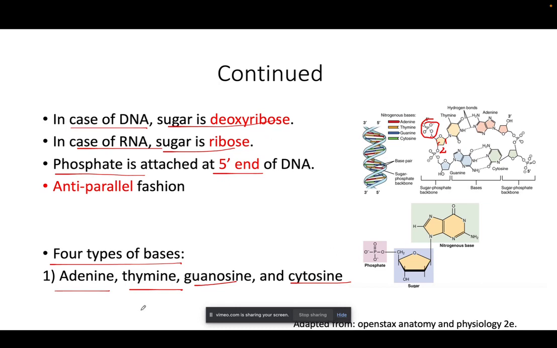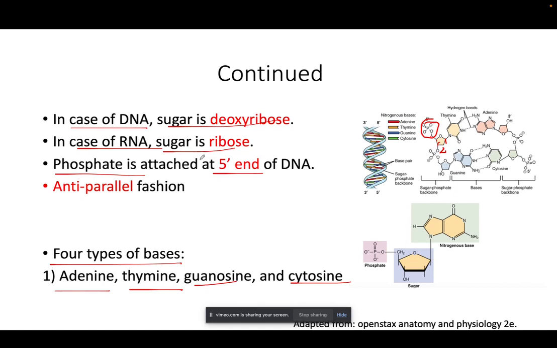Okay, and in case of DNA, adenine is paired with thymine, and guanine is paired with cytosine. And again, we will talk later about how this base pairing occurs via hydrogen bonds in this lecture. Okay, but for now, just know that DNA contains deoxyribose sugar, and RNA contains just ribose sugar.